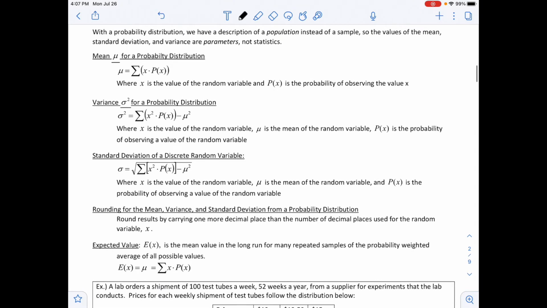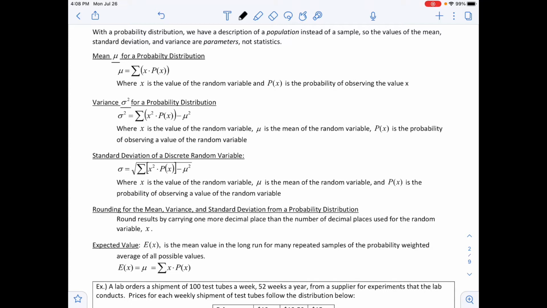Right below this, it says with a probability distribution, we have a description of a population instead of a sample. So the value of the mean and the standard deviation, the variance, are parameters and not statistics.